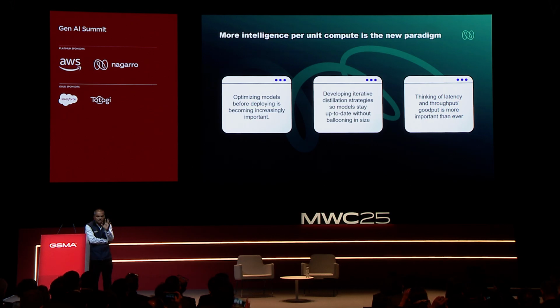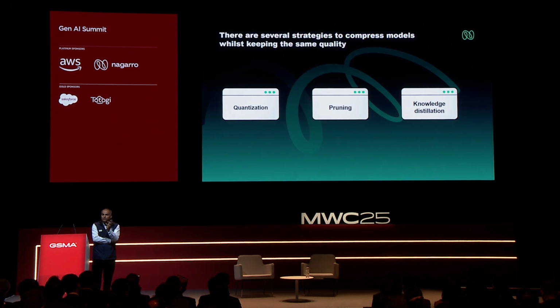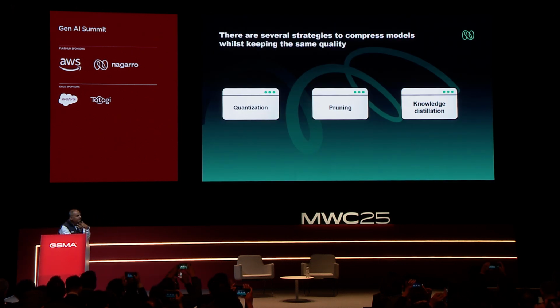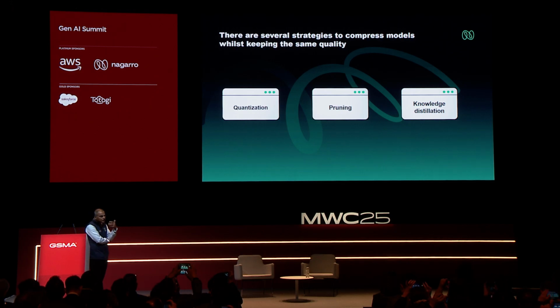The gist of the matter is that we need to change our mindset from bigger is better to smaller is faster and economical. And how do we do this? There are strategies that have been around. These are not new.